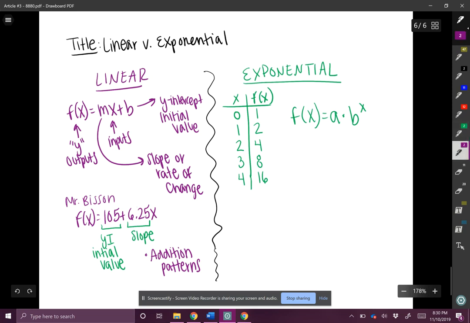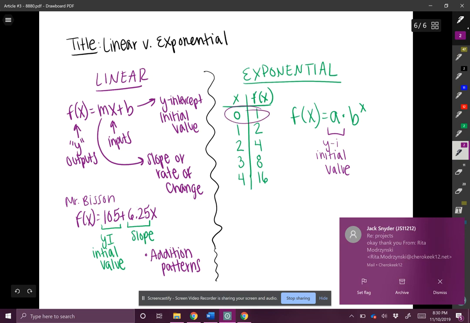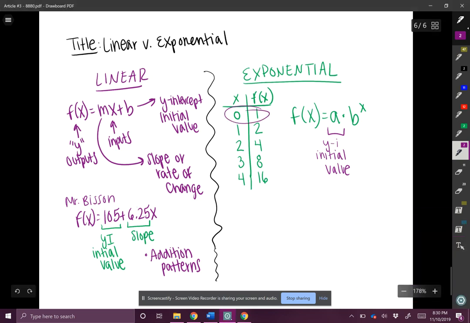So again, let's review that. Our a is our y-intercept, or our initial value of what we start with. And if you remember with our paper folding task, we put in our equation that a was 1, because with 0 folds, we had 1 section of paper. Now, our b represents our pattern in this case, or what we are multiplying by.